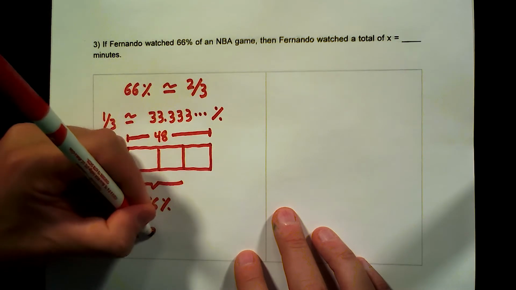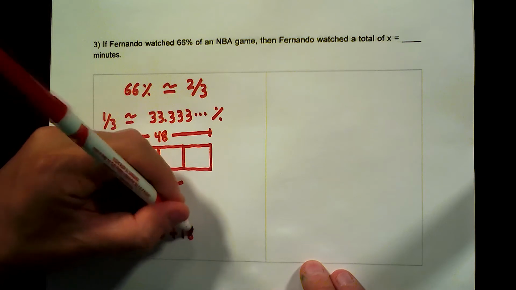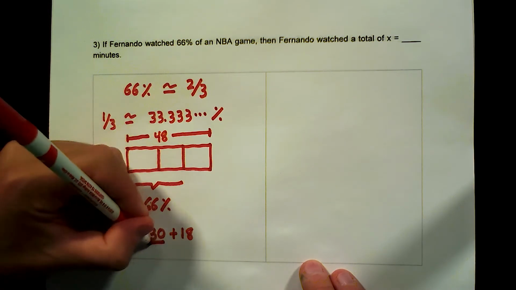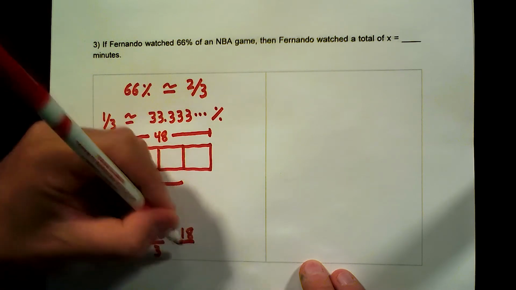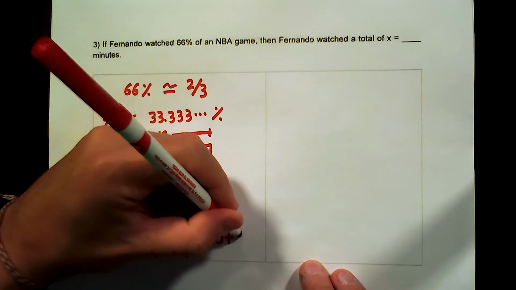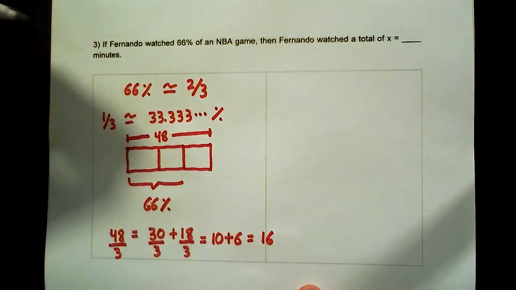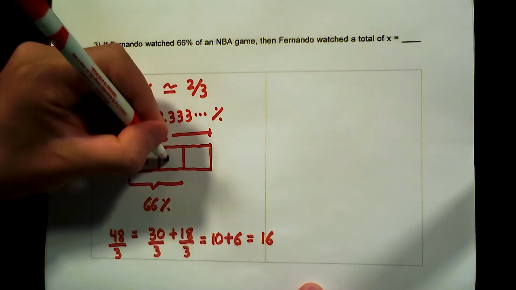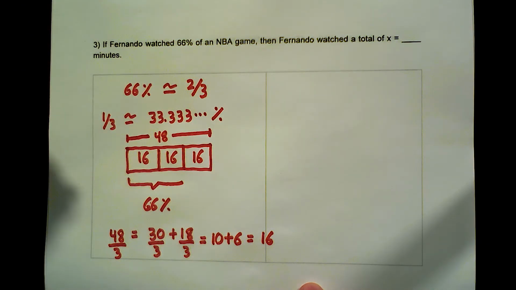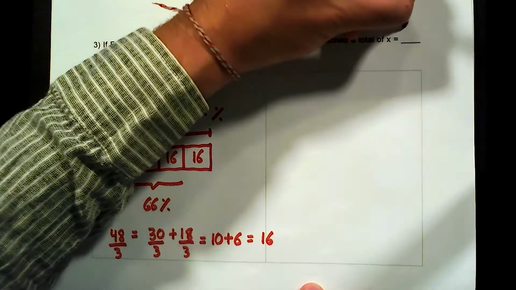One way is to break first 48 into 30 plus 18, so that when I divide by 3, I get 10 plus 6, which is 16. And so I can put 16 here, 16 here, and 16 here. And now my answer is clear. 16 plus 16, it should be 32.